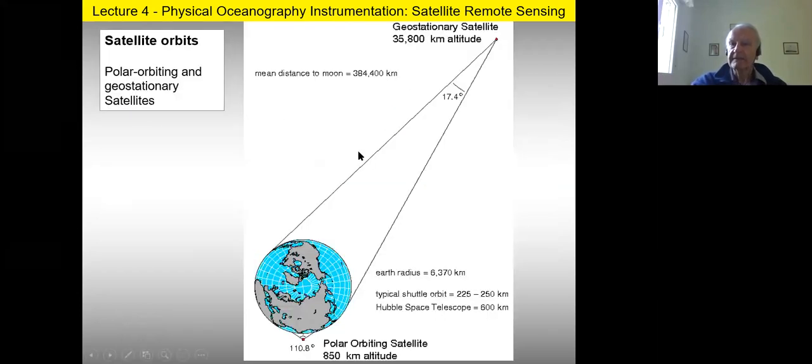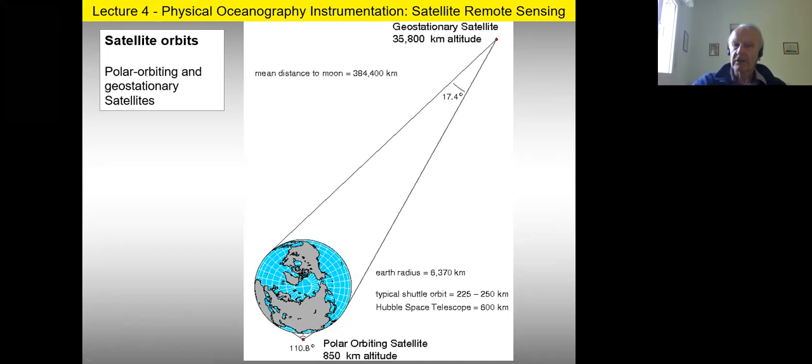Then we have different satellite orbits. The satellite can be a polar orbiting satellite, or can be a geostationary satellite. Geostationary satellites are typically at 36,000 kilometer altitude, and they are in a stationary position with respect to the Earth.